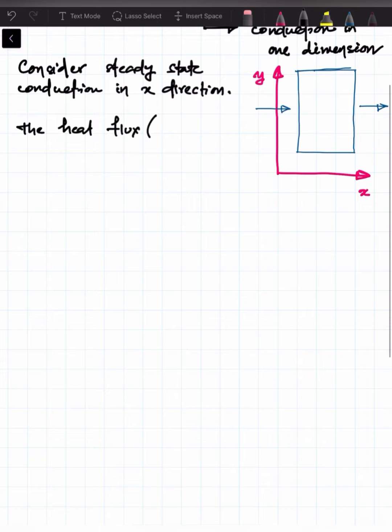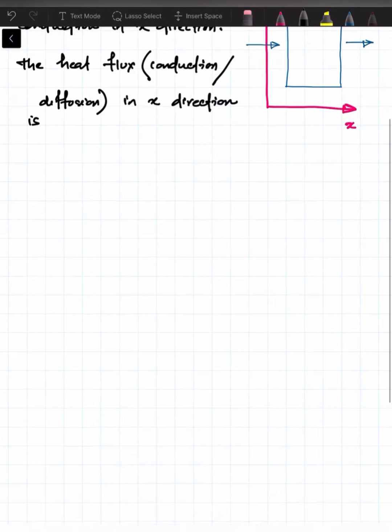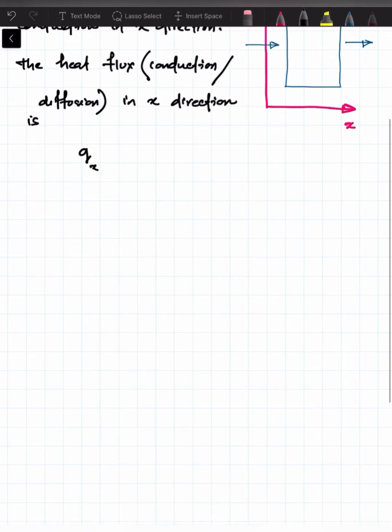The heat flux can be written as a function of the thermal conductivity and the thermal gradient, as we know already. Anyone who is familiar with heat transfer knows this equation: Qx, the heat flux in x direction, equals minus K dT/dx. Let's call this equation number 1.